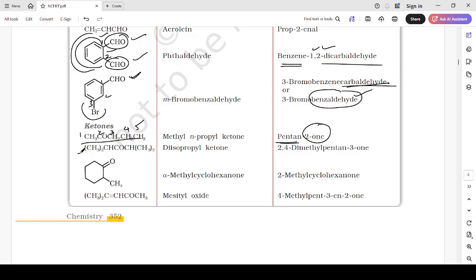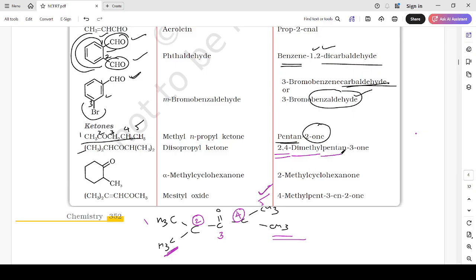Next one. 1, 2, 3, 4, 5. At the second position there is a methyl. At the fourth position there is a methyl. 2,4-dimethyl. Totally how many carbon? 5 carbon. Pentan. Third carbon I have one.